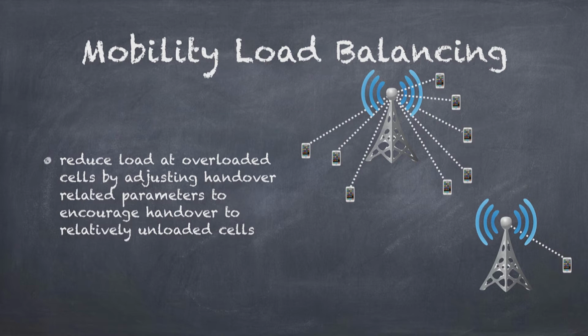And the way that's done is by manipulating the parameters that dictate how handover works. So handover is a relatively complicated process. The device is continually measuring the signal strength he sees from his serving base station, but also the signal strengths from neighboring base stations, and signal quality as well.